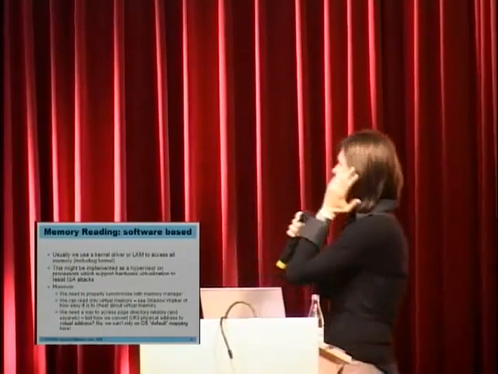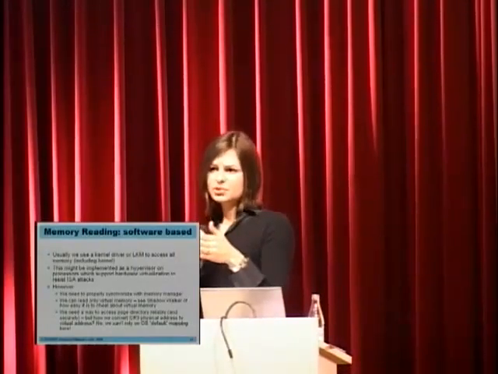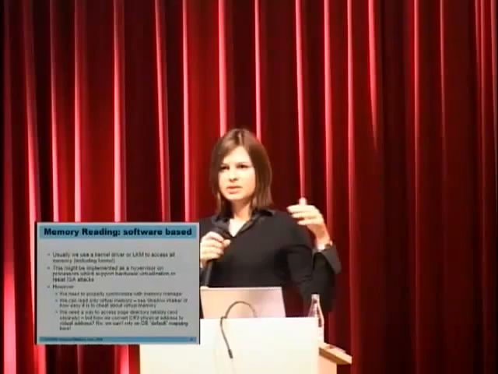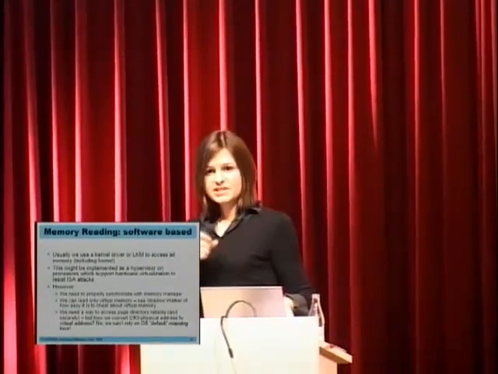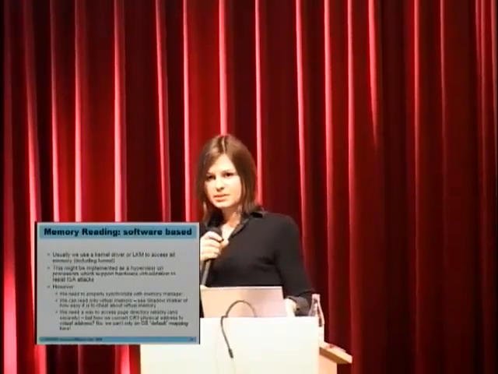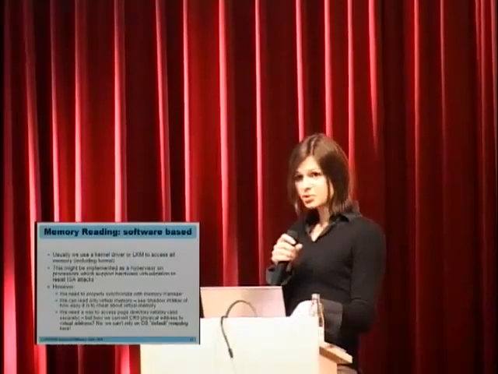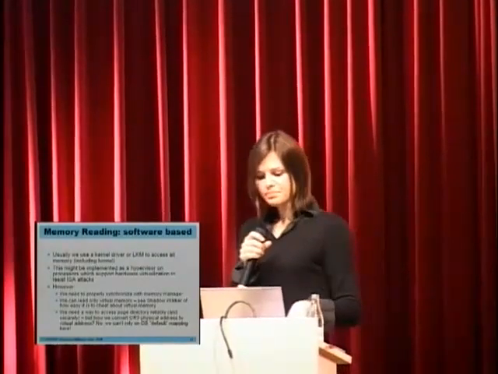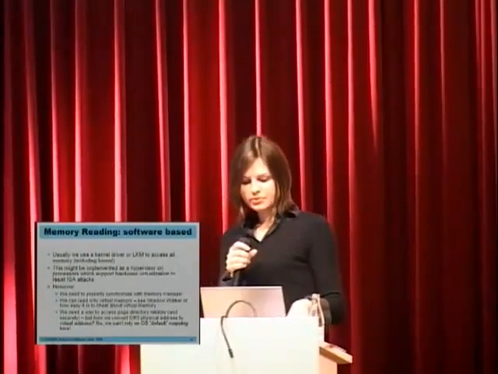Some people can say, okay, there's no problem, because CR3 points to some physical address, and usually on Linux that would be 0xC0 something for the page directory. But that assumes the operating system is intact. The attacker could have modified the operating system's virtual memory manager, so the physical address to virtual address mapping could be different.